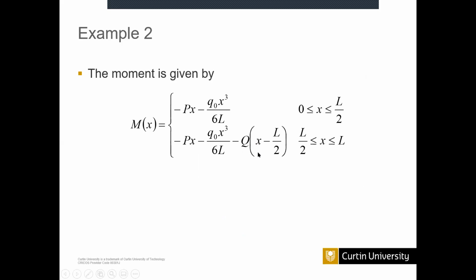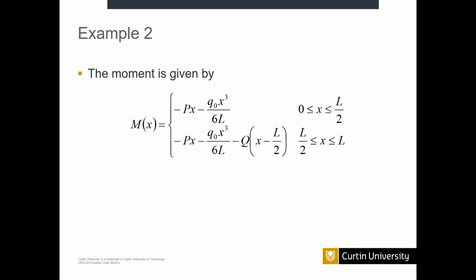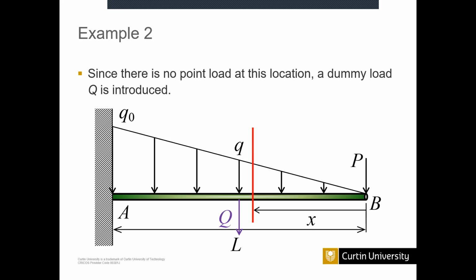Excuse me, sir. Yes. For that, from where did we take x for the second part, with the point load? From where to where did we take the x length? Pardon, I couldn't understand your question.